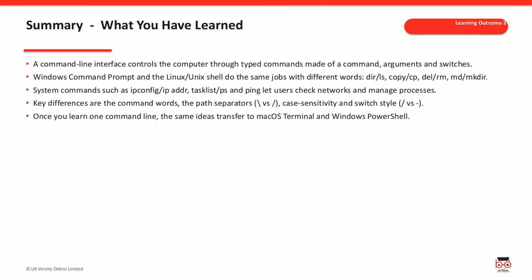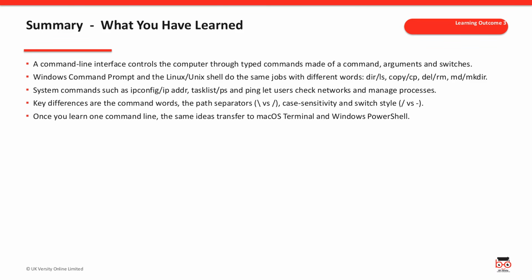Let's bring this outcome together. A command line interface controls the computer through typed commands, each made of a command, its arguments, and its switches. The Windows command prompt and the Linux shell do the same jobs with different words, dir and ls, copy and cp, del and rm, and system commands like ipconfig, tasklist, and ping let you check networks and manage processes.